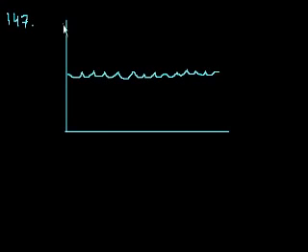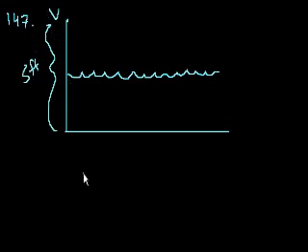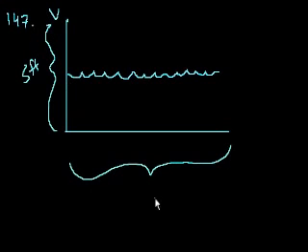Drawn that. They say this is v. They say that this distance is 5 feet. They say that this distance is 10 feet. And they label a couple of points. That's R, and that's S.